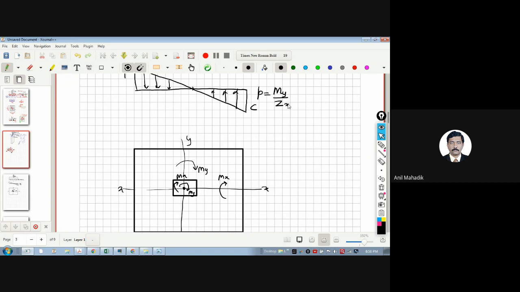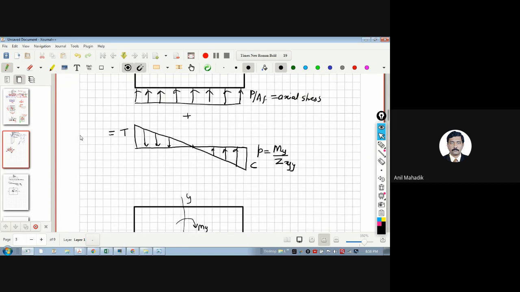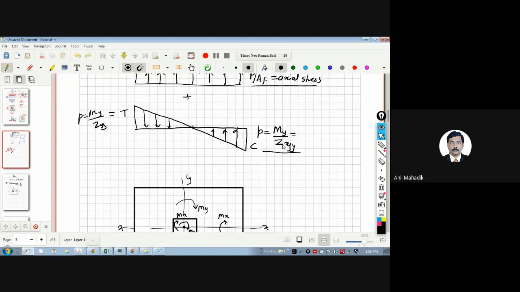Zy you can say. This is also pressure, my upon z, right? So there will be axial stress or pressure due to axial force, and there is a pressure due to bending moment, that is bending stress. Okay, so this is the bending stress developed due to the moment y. Now will there be any bending moment, any pressure?